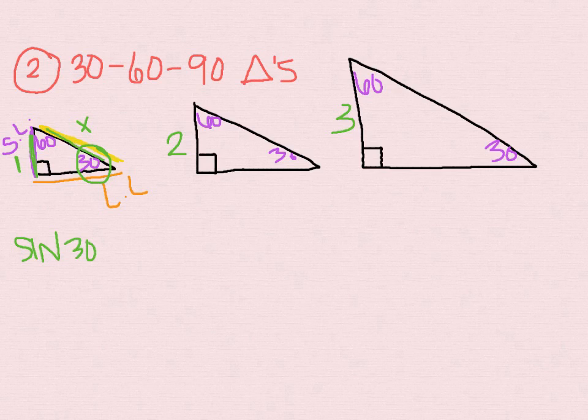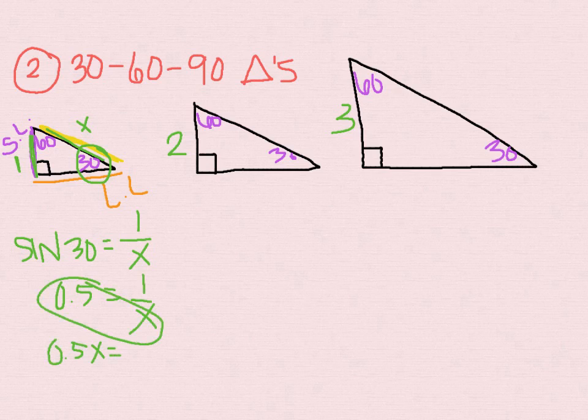So the sine of 30 equals opposite over hypotenuse. If you plug the sine of 30 in your calculator, you'll get 0.5 equals 1 over x. So we cross multiply and we get 0.5x equals 1. Divide by 0.5 and you will get x is 2.